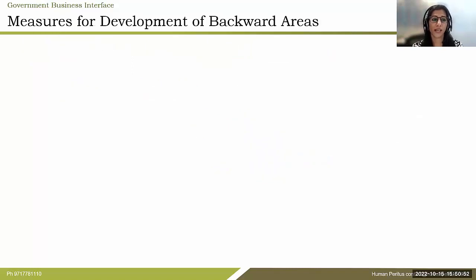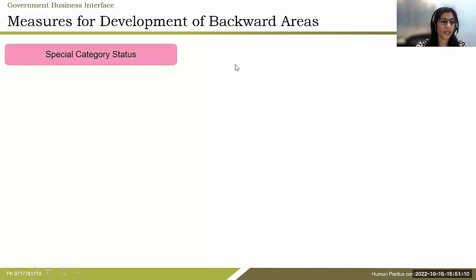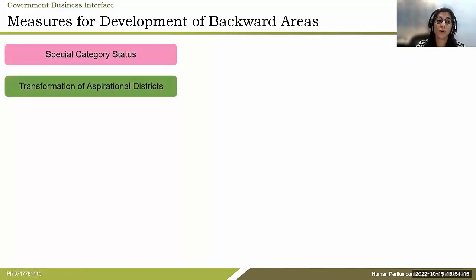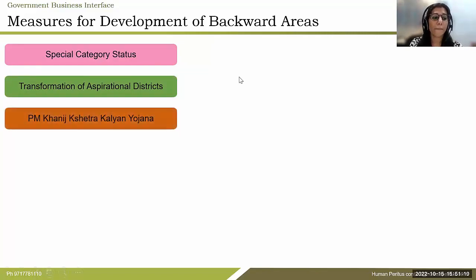Now moving ahead, what are the measures for development of backward areas? All right. So various measures or various programs have been developed by the government from time to time to address these issues. All right. So what are these? We will start with special category status. Then we'll understand about transformation of aspirational districts. Then PM Khanij Kshetra Kalyan Yojana.